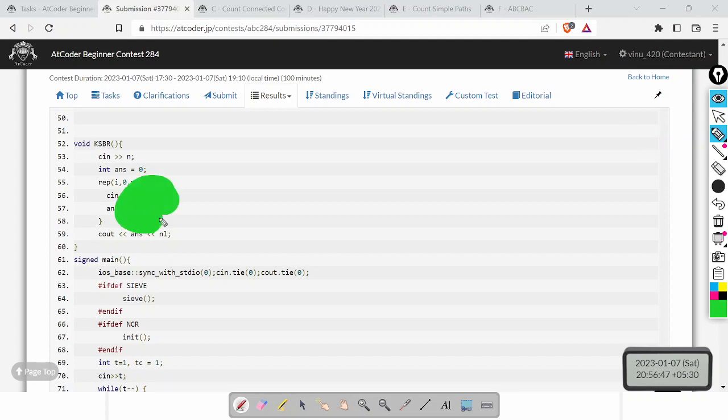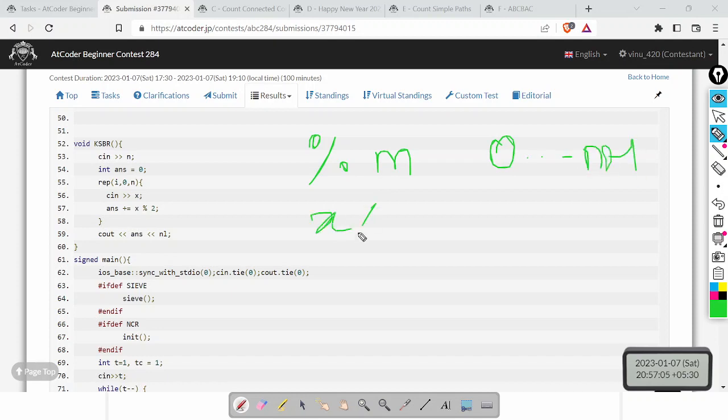This x mod 2 can take two values, either 0 or 1. We know that if we take any number modulo m, then its range is from 0 to m-1. So if we check any number x modulo 2, then this will be either 0 or 1. If this is 0, then this is an even number, and otherwise it's an odd number.